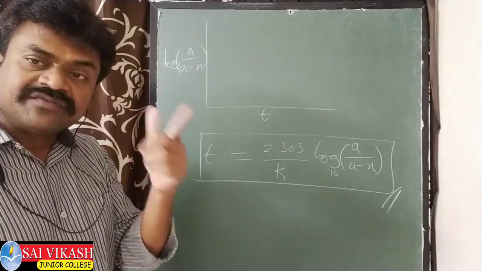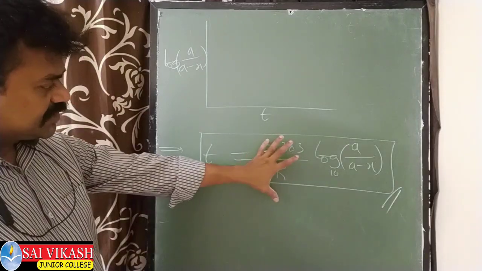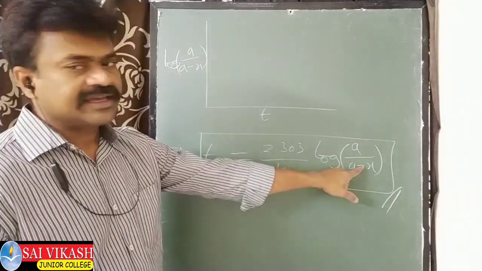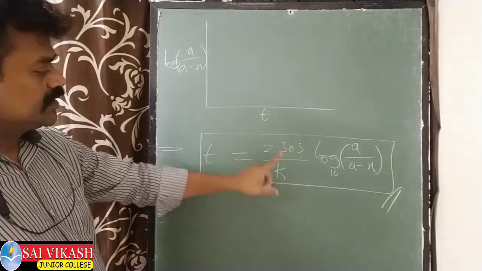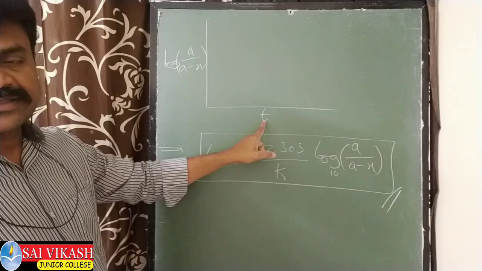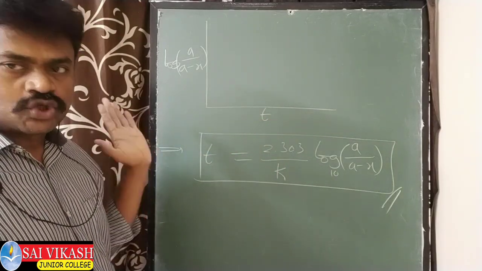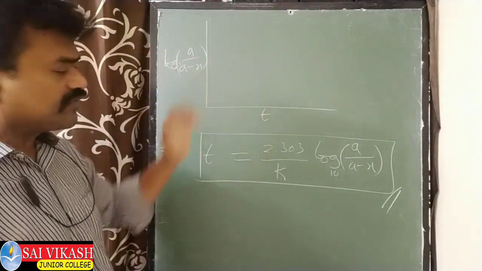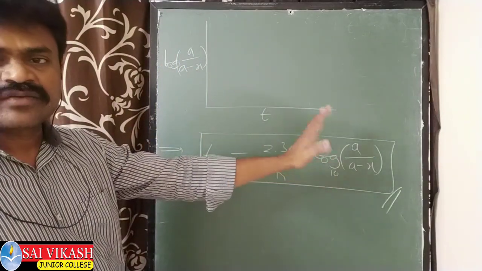Then what is the shape of the graph and what is the slope of the graph? Everything you have to take from this equation. Log of a by a minus x I have taken on the y-axis, t on the x-axis. To know the shape, you need to change this equation into our required form. We want log of a by a minus x on the y-axis.